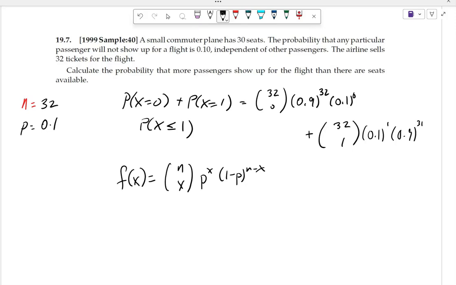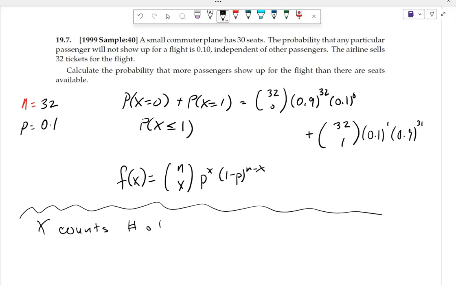If you defined it the other way, if we said that x counts the number of passengers who show up, flip what you mean by success.